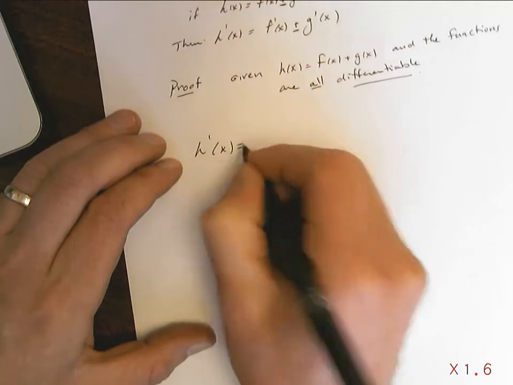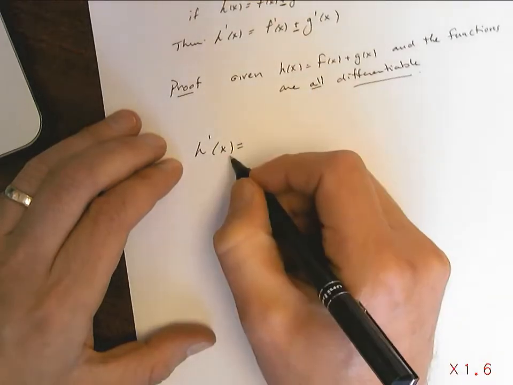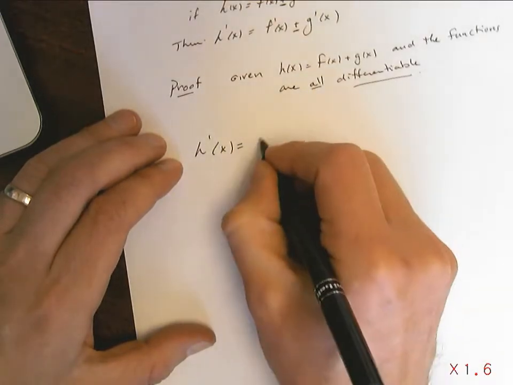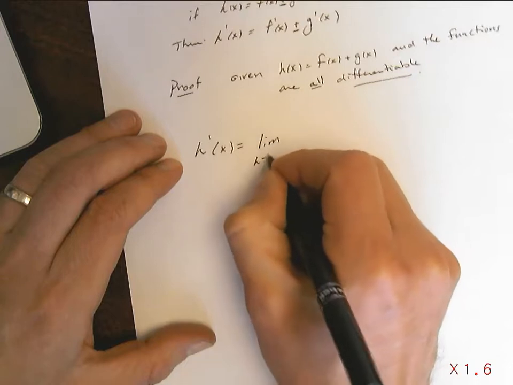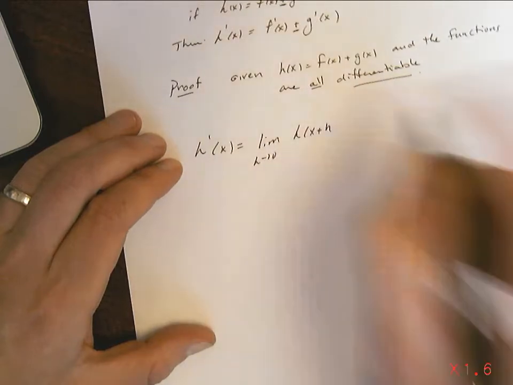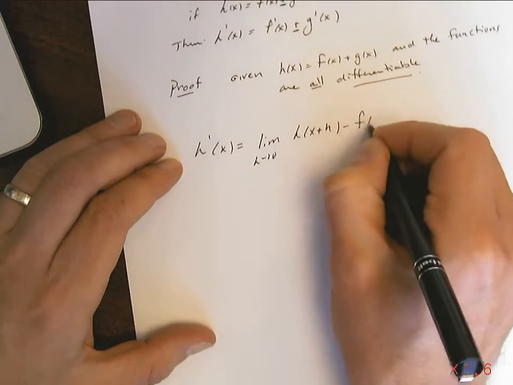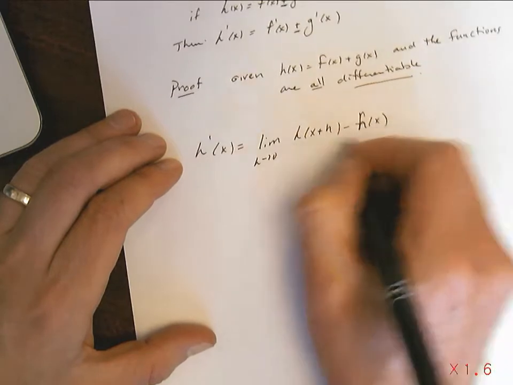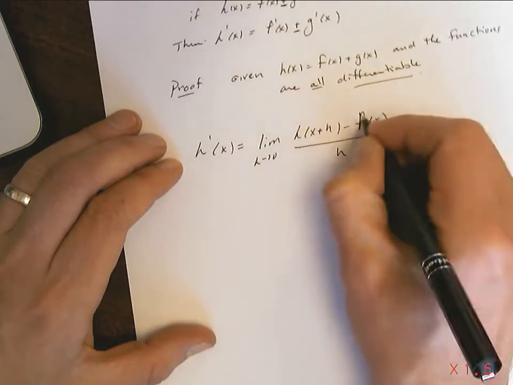First of all, by first principles, it is the limit as h approaches 0 of h of x plus h minus h of x, all over h.